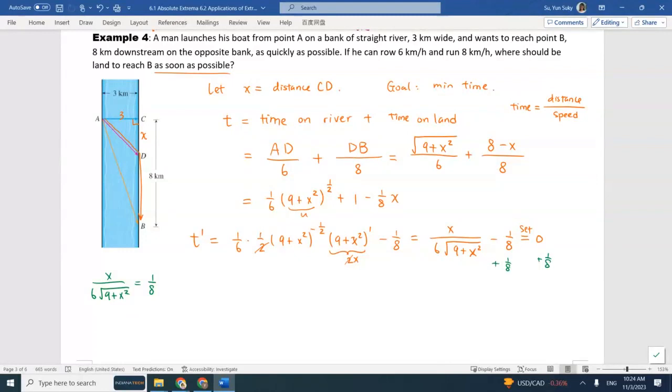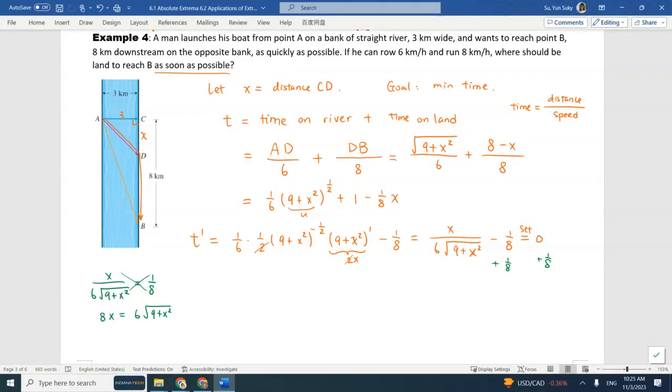And do you remember, if both sides you have a single fraction, then you can cross multiply. This is only if you have a single fraction on both sides. The idea is really like you multiply by the common denominator on both sides. Okay, everybody? So what do you get? 8x equals 6 square root of 9 plus x squared.